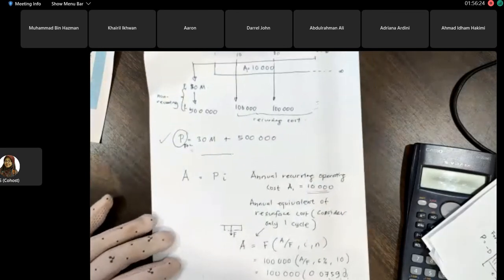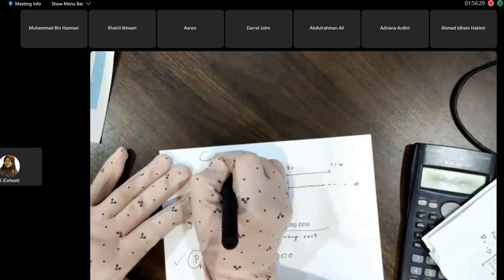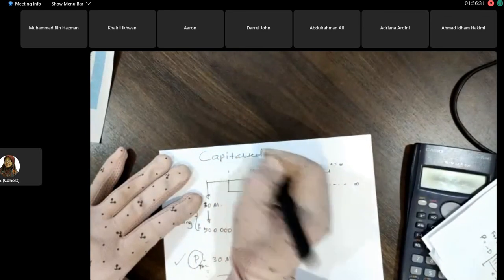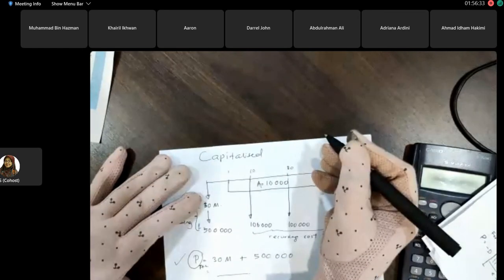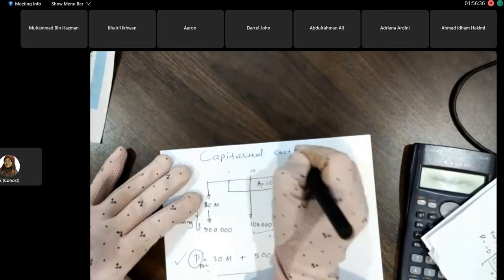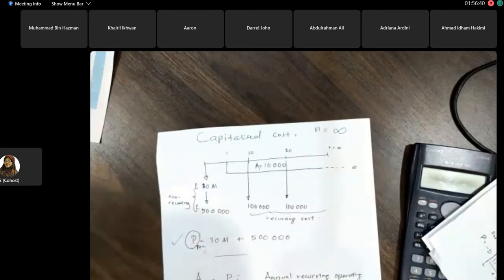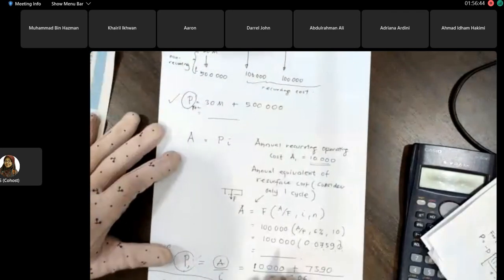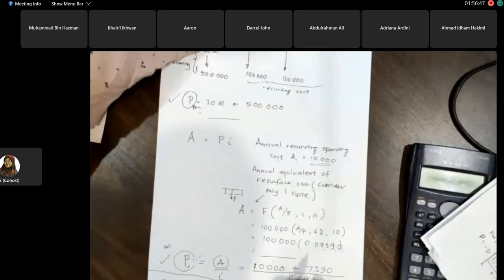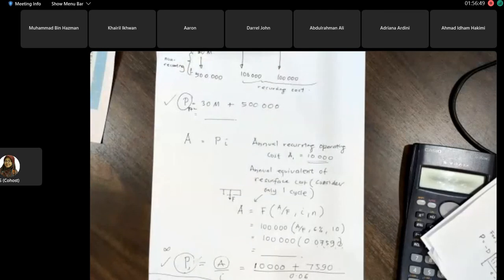It is long, right? This is for the capitalized cost. What is the capitalized cost? Infinity case. Capitalized cost, if involved, the N is infinity. Okay, take your time to understand. Can you understand the steps? You just need to digest, right?